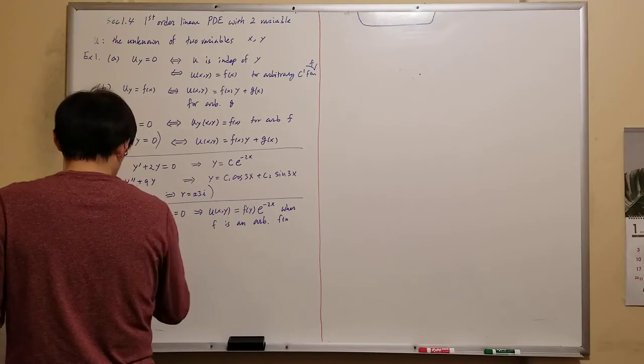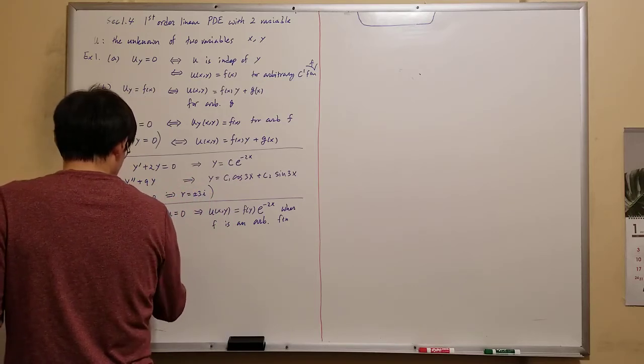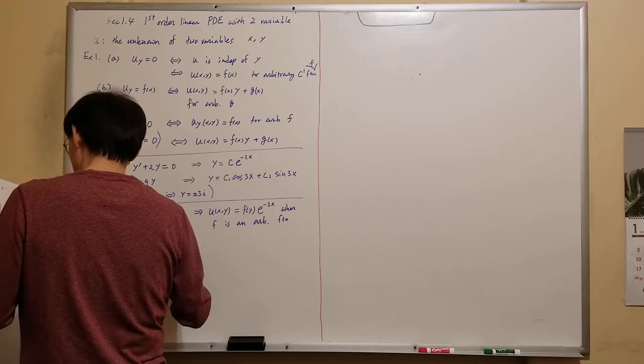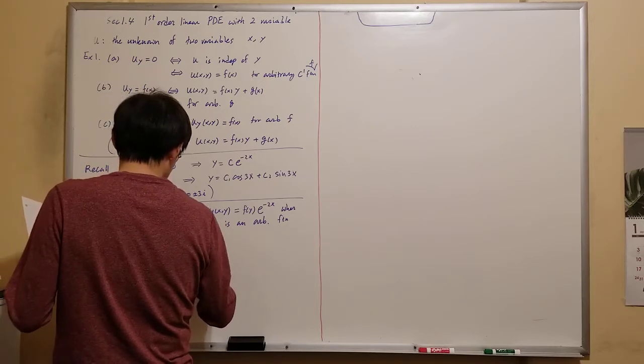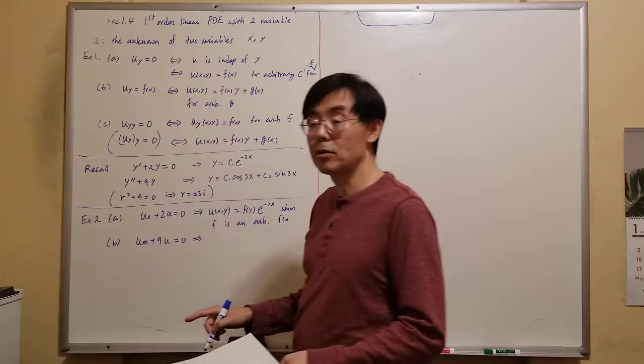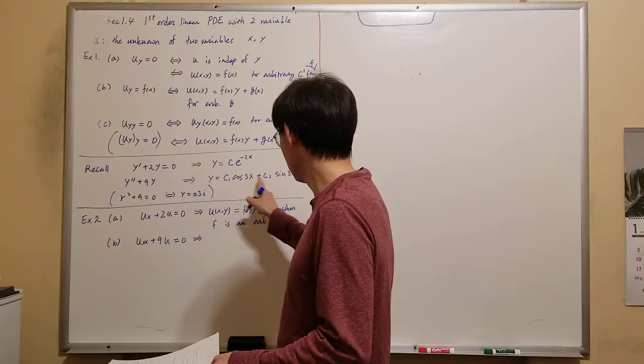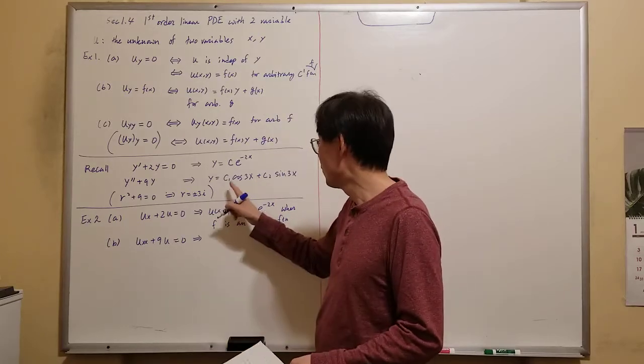Now, likewise, if you have u sub xx plus 9u equals 0. Again, we only consider the x partial derivative. A function of y will be considered constant. So instead of c1 and c2 constants, we have functions of y.